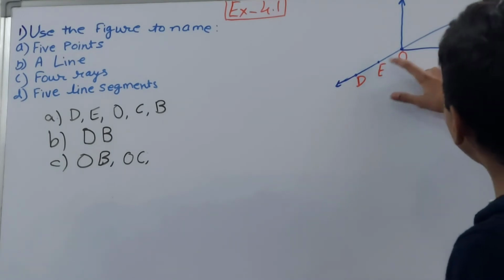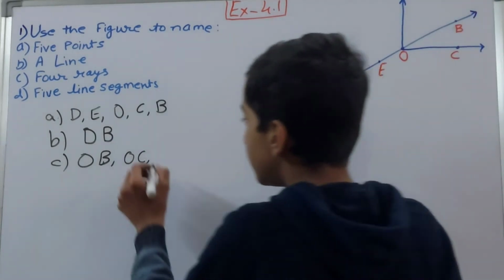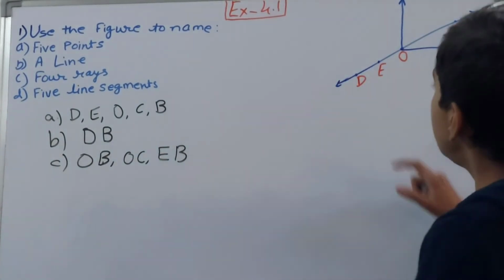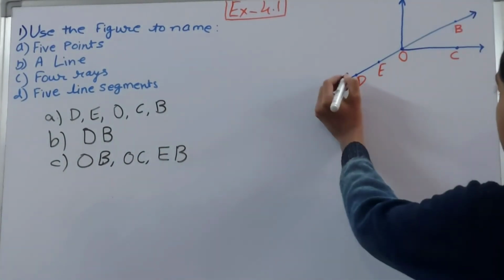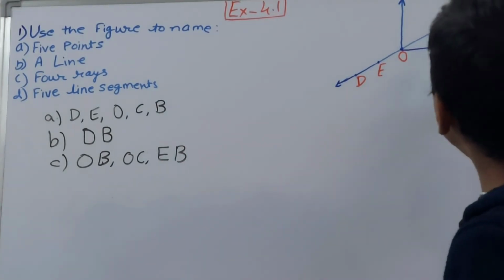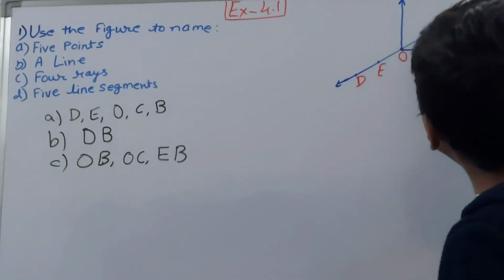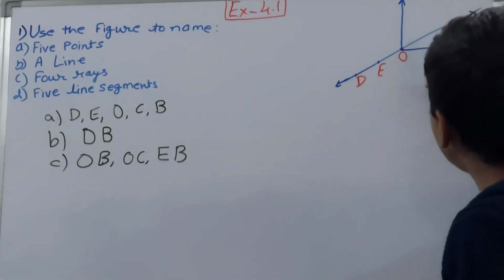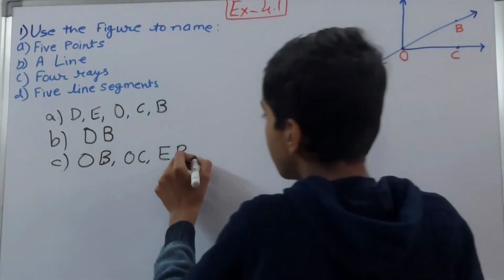We have EB also here. And then you can see we have this point D and this point here. If you see closely, D and B, you can take that here.